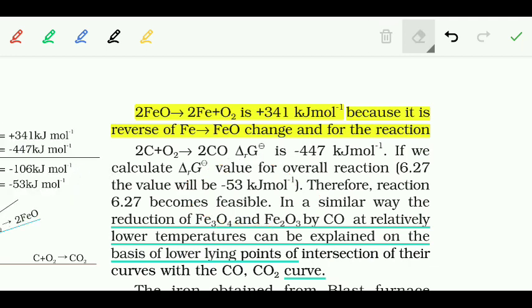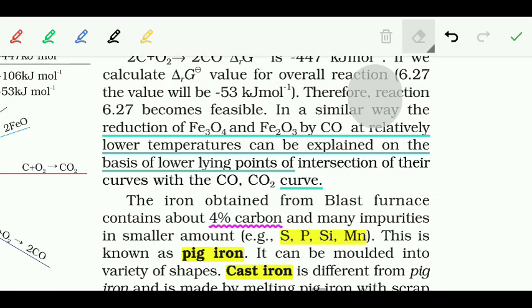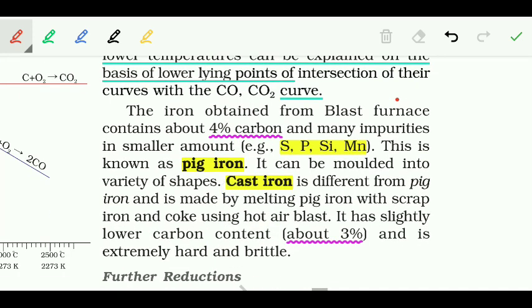In a similar way, the reduction of Fe3O4 and Fe2O3 by carbon monoxide at relatively low temperature can be explained on the basis of the lower intersection points of their curves with the carbon monoxide and carbon dioxide curve. The iron obtained from the blast furnace contains 4% carbon.